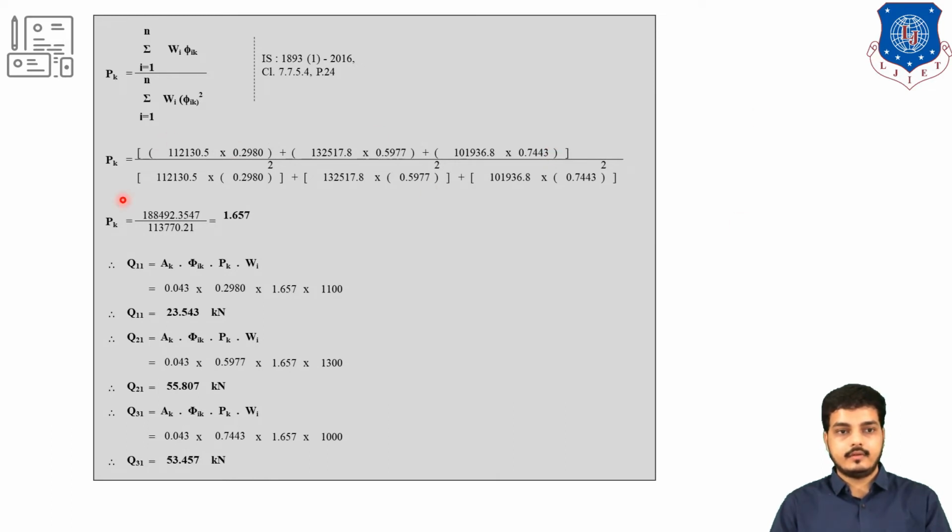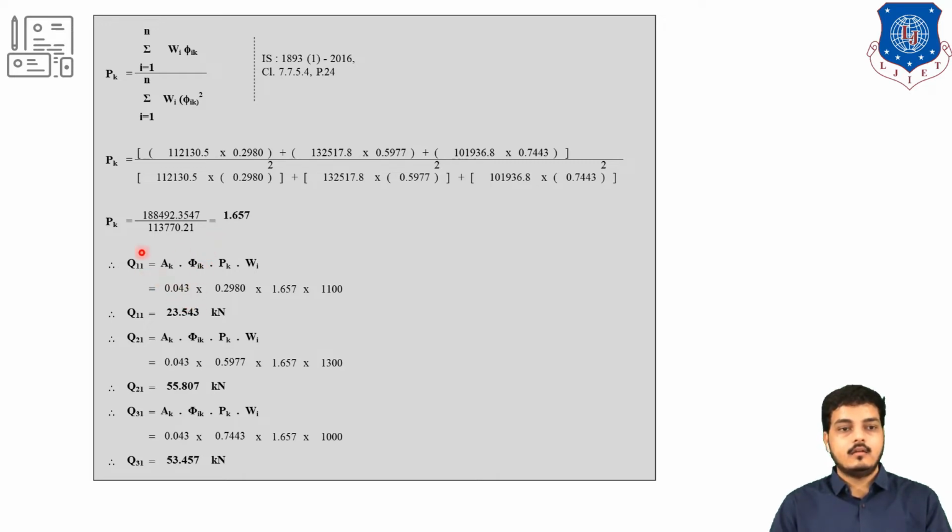So here first of all we are finding for the first case, which is Q11, Q21 and Q31. So Q equals Ak into Pk into W. So weight is 1100, Pk is 1.657, and Ak, in the previous step, we have found out 0.043.